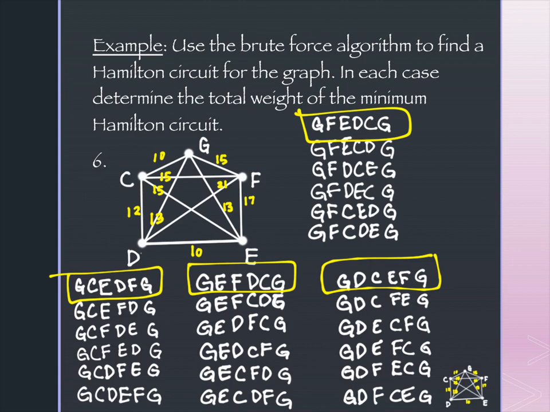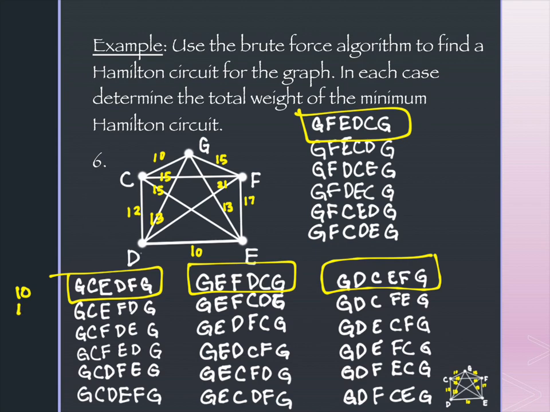Let's do this first one down here, GCEDFG. So what we need to do is find the sum of all of the different values and add them together along each of those edges. I'm going to write it in yellow over to the side to keep it distinguished. What is the length of GC? What is the weight? It's 10. And then we go from C to E. What is the weight of CE?